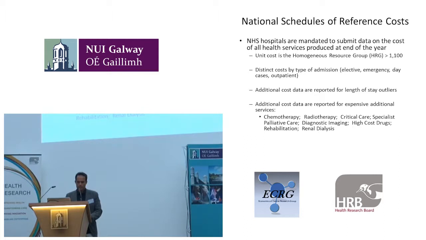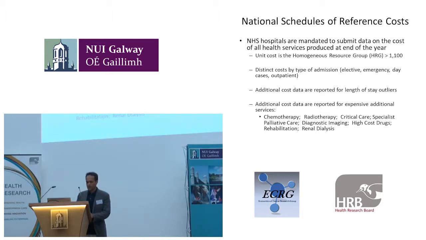This is derived through a top-down allocation procedure, where the total cost of care is allocated to single services, where each service is grouped through a system called the HRG system. It is the equivalent of the DRG system in the US. And currently there are more than 1,100 different HRGs.